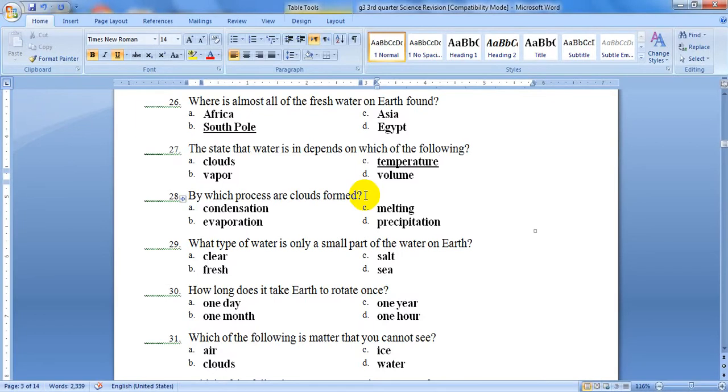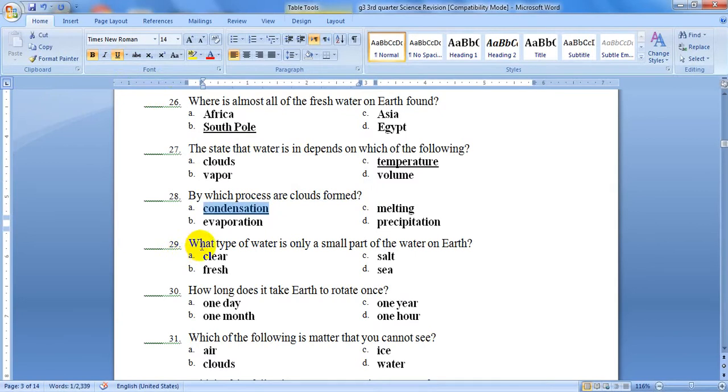Then these drops of liquid water will gather and form clouds, which get heavy with time, and the air cannot carry them. They will start to fall in the shape of precipitation back to Earth. So by which process are clouds formed? It's by condensation.